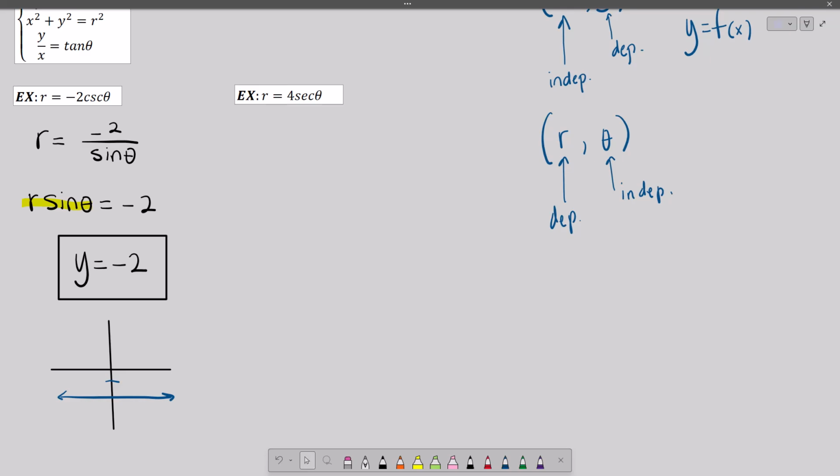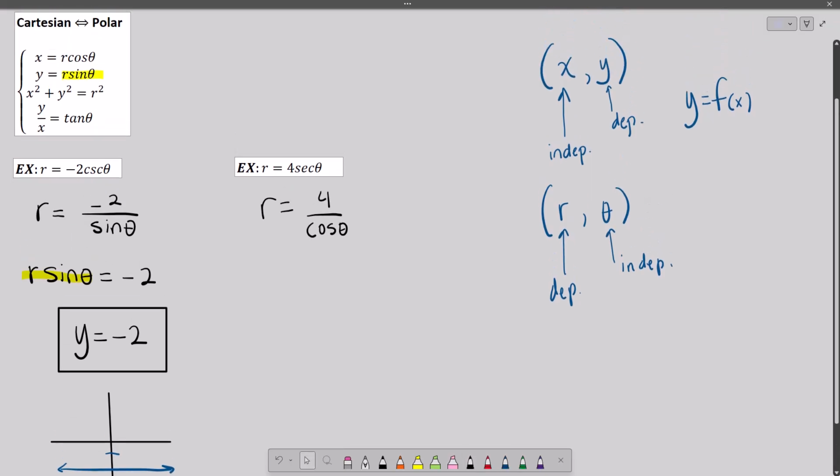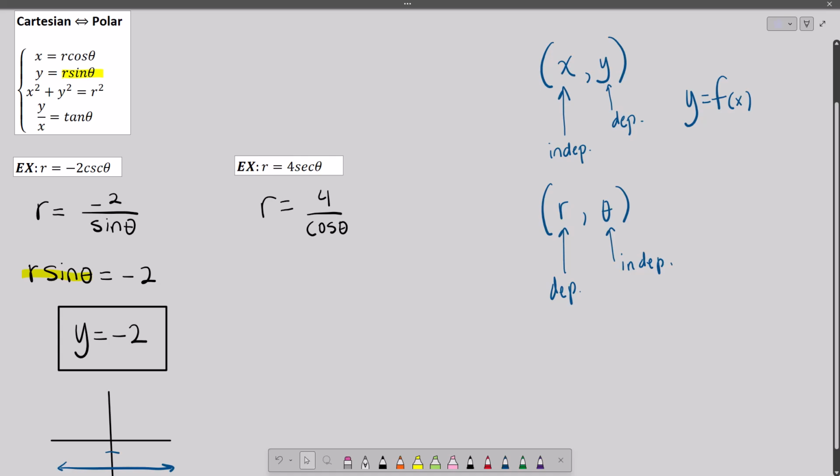So what we've seen so far today is that horizontal lines are easier to write the equation down in Cartesian, but circles are easier to write the equation down in polar, because it's just r equals a constant. R equals the radius. Circle centered at the origin. Similarly over here, we don't have secants inside of our four gateway equations that are taking us back and forth.